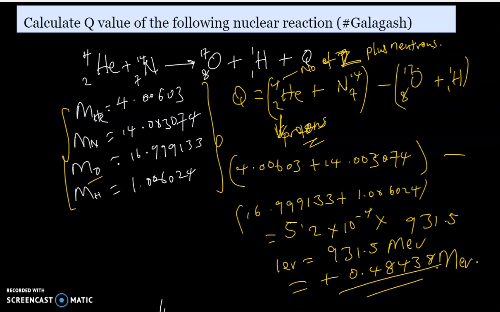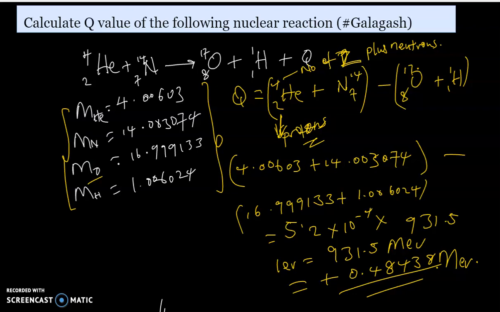And like I said earlier, when you are asked to explain what you mean by Q value, it is simply the amount of energy absorbed or released during a nuclear reaction. Of course, the reaction quotient can also be denoted as Q. That is a different thing, because it measures the relative amount of product and reactant present during a reaction at a particular point in time.